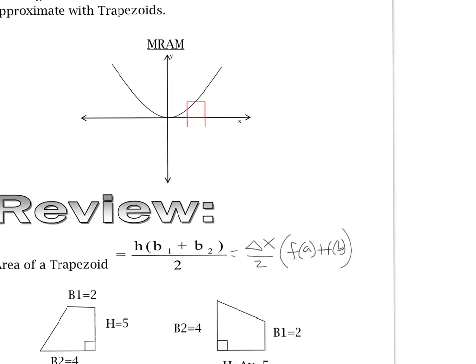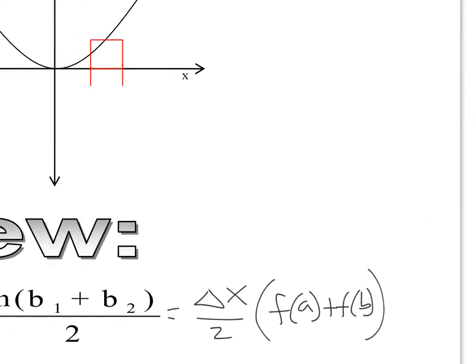So let's zoom in here and imagine a situation where we have, let's say, 3 trapezoids. We'll use our basic curve that we've been using to talk about this. I'm going to do 3 trapezoids. Well, that means we should be able to clearly tell that our delta x here would be 1.